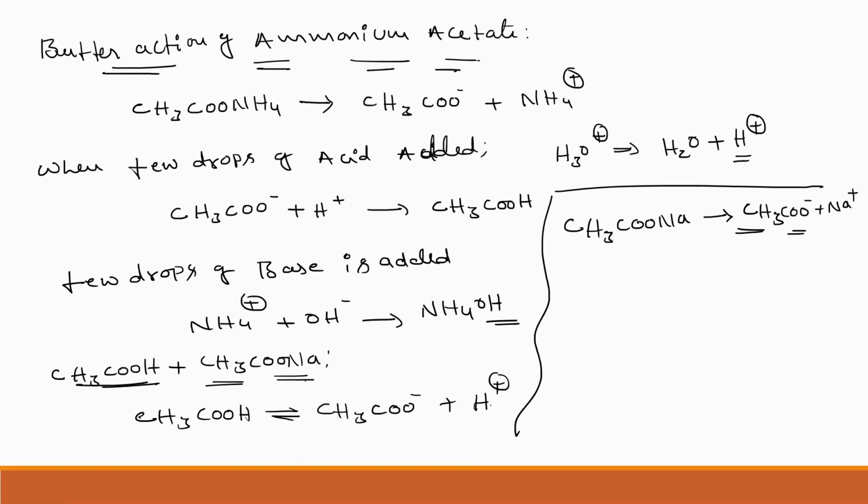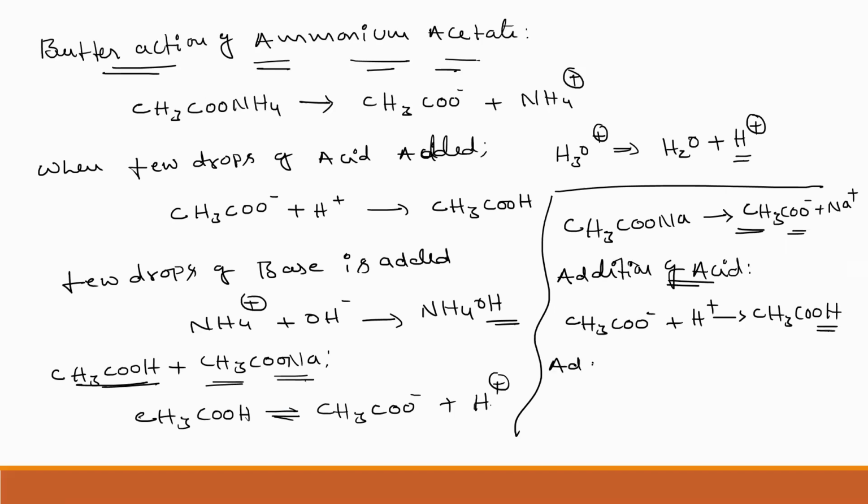Now see what is the buffer action of this one. Whenever you are adding a small amount of acid to this one, addition of acid: this acetate ion is there now. So this acetate ion joins with whatever acid you are going to add, so it will form acetic acid. As acetic acid is a weak acid, the pH of the solution remains the same.